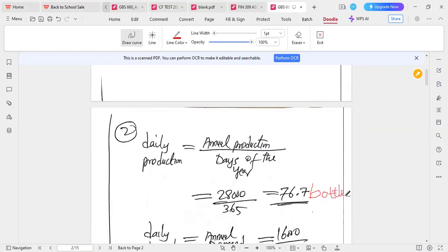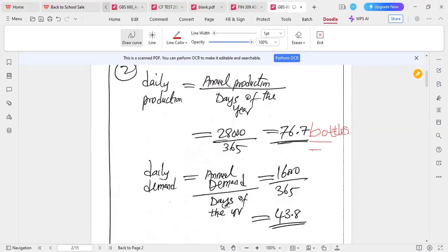Then the other one to do is the daily demand, annual demand divided by the days of the year, 365 days. So you get 43.8 bottles.